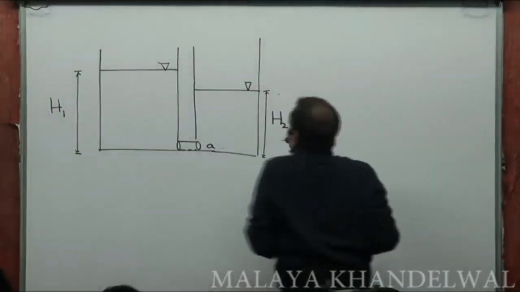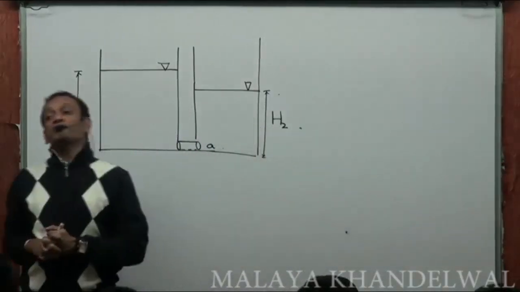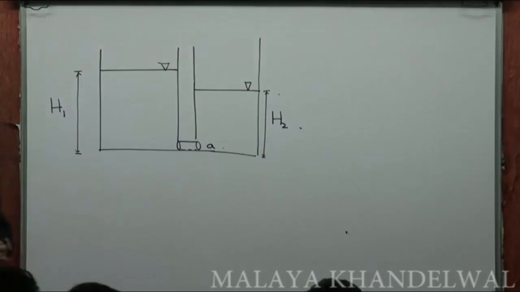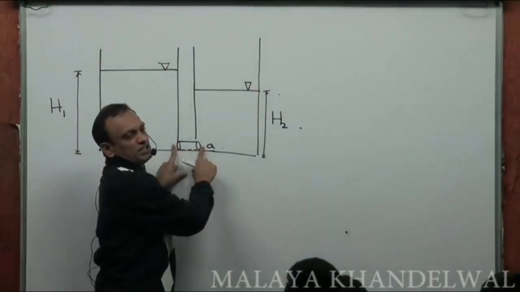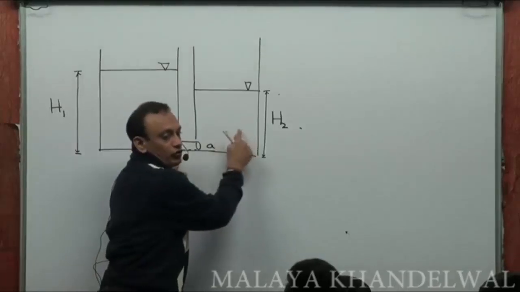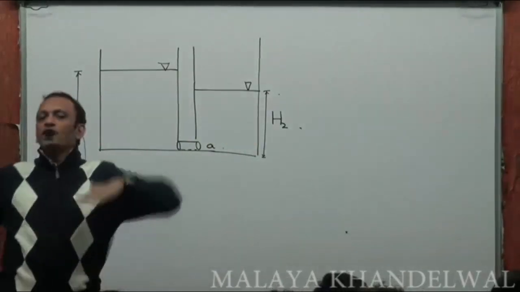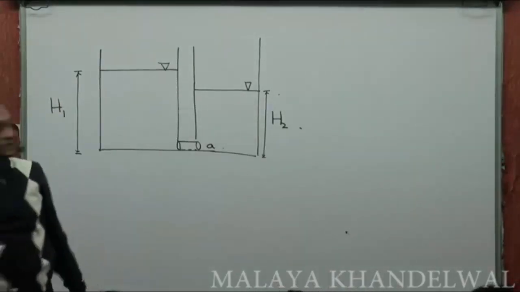Now, what we want to be able to do is figure out what eventually happens and how long it takes for that to happen. Eventually, the pressure here and the pressure here would get equalized, preventing further flow from the left container to the right container. That's going to happen when the levels of the liquid get equalized in the two containers.